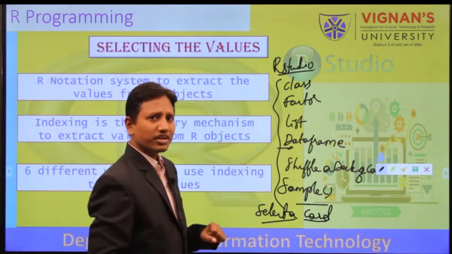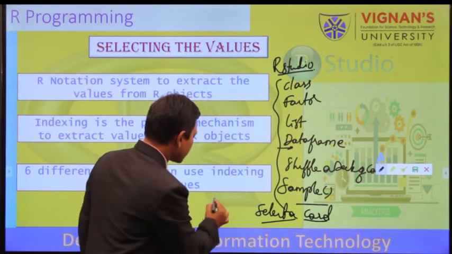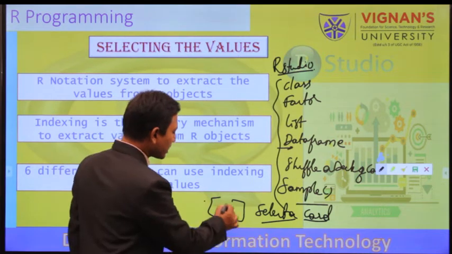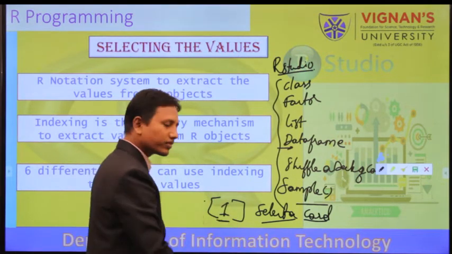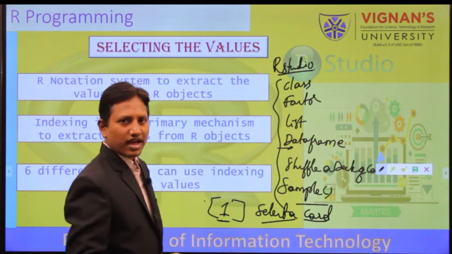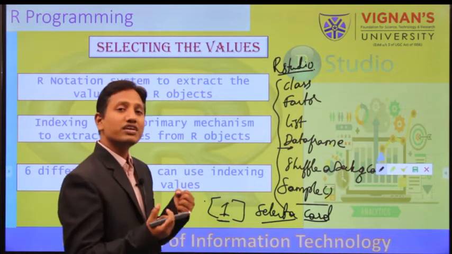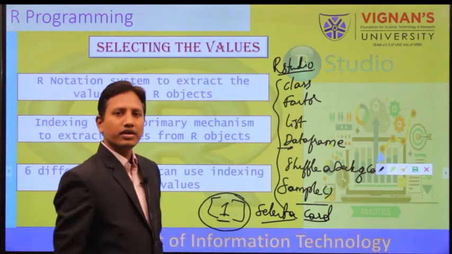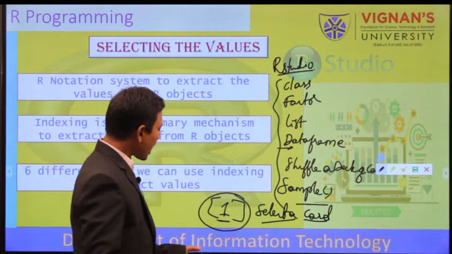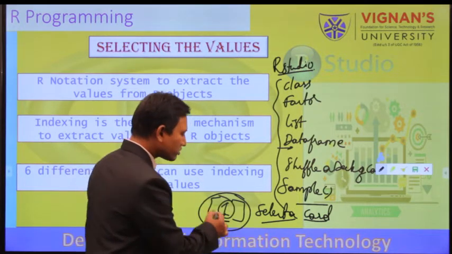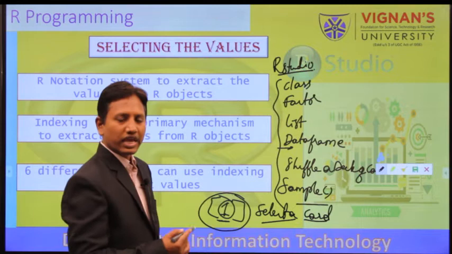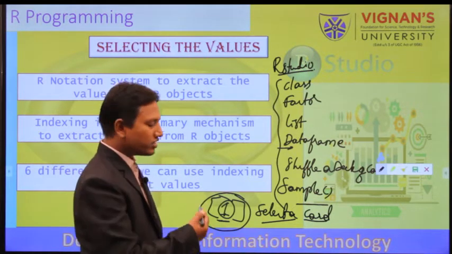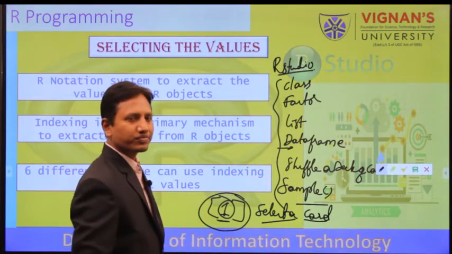While we are selecting, we have used the indexing concept, meaning in square brackets we write the index value. Now the question arises: what are the different ways we can select this data? Do we have to use only numerical values, or can we use any other values like zero value or logical value? This we are going to learn in this session.